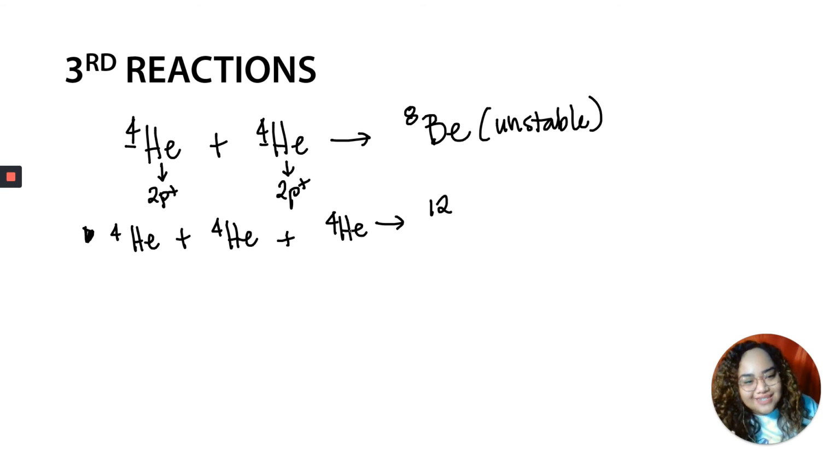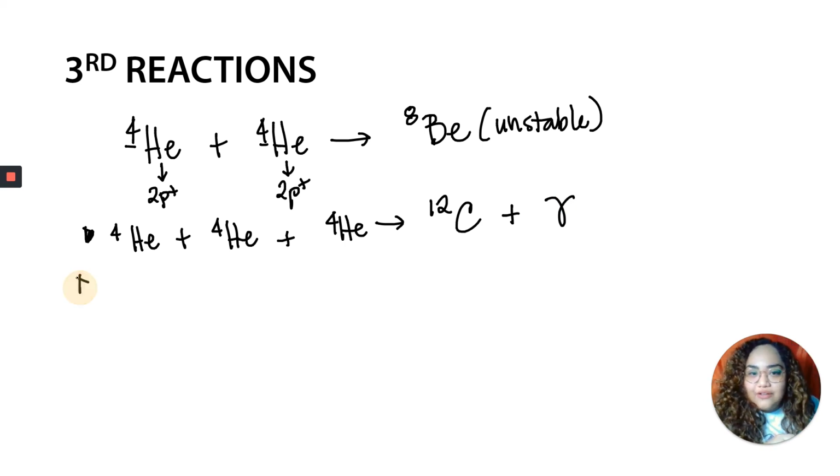Now, what is the element that has an atomic number of 6? That will be carbon. Now, if you look at your periodic table, what is the atomic mass of carbon? Isn't it 12? So that means this is stable. This is a stable isotope, so it will not break down anymore. So in this process, it will release gamma rays.